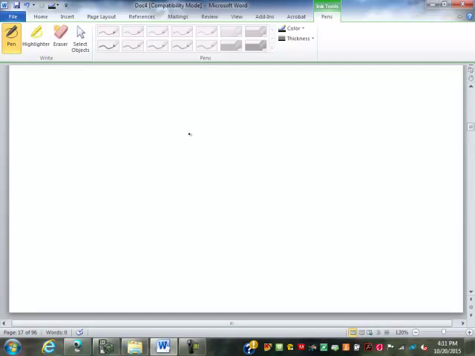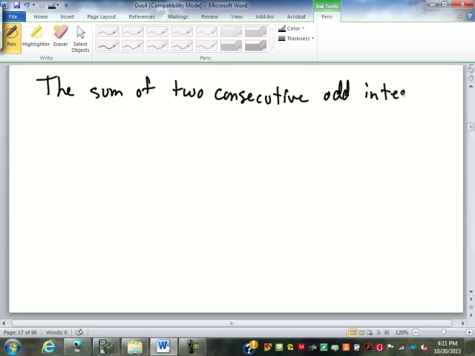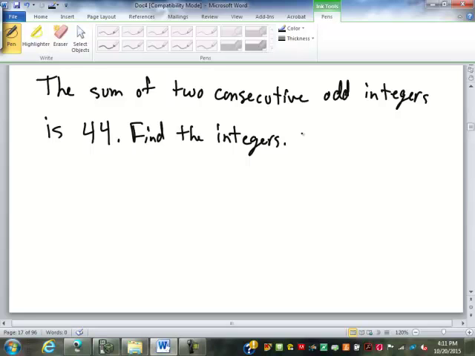So I want you to tell me how this one's going to be different. The sum of two consecutive odd integers is 44.